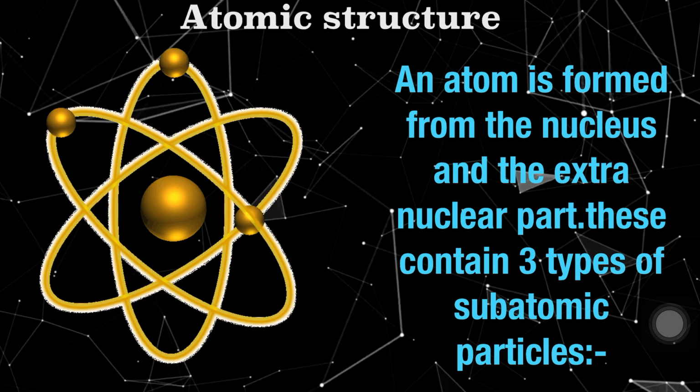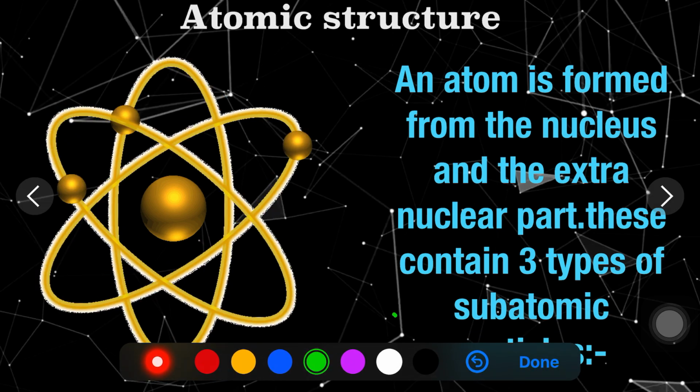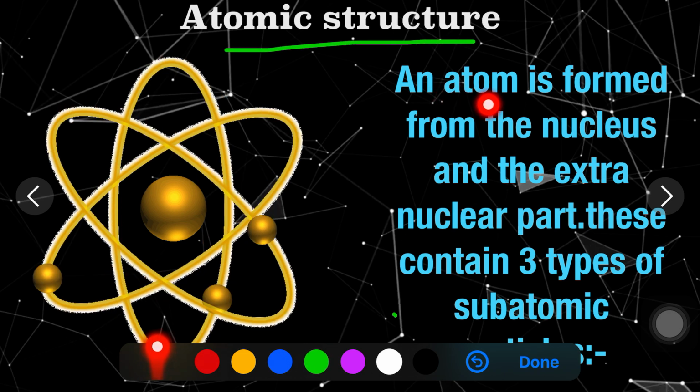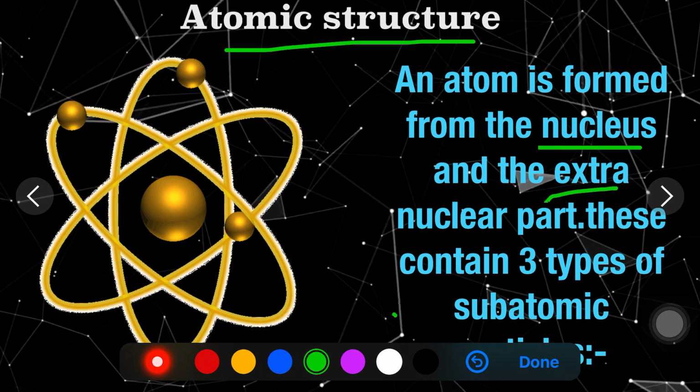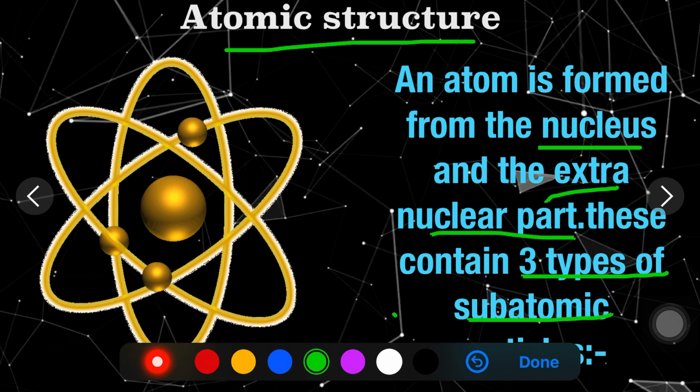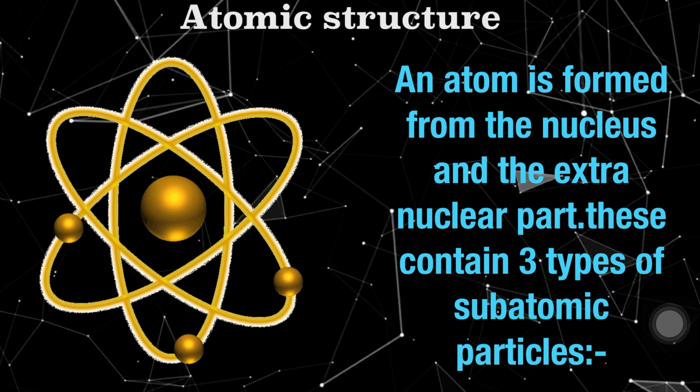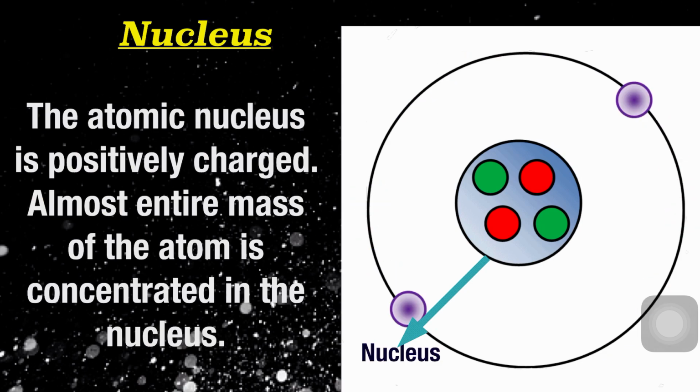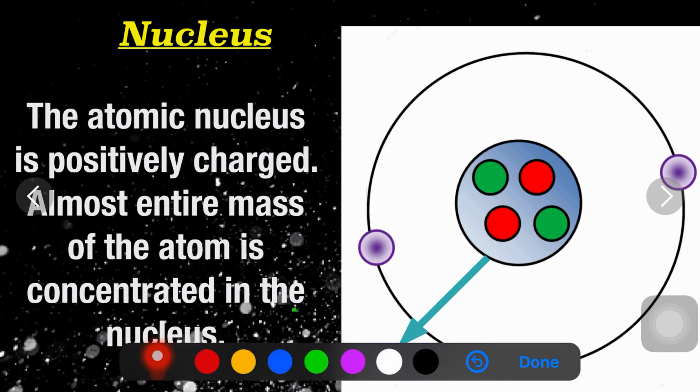Students, let us learn about the structure of an atom. An atom is formed from the nucleus and the extranuclear part. These contain three types of subatomic particles. The first is the nucleus.